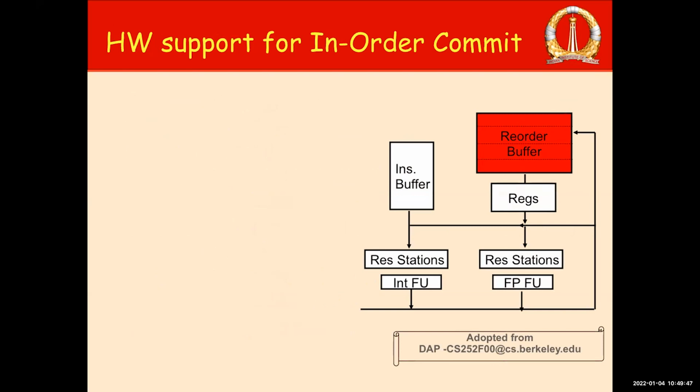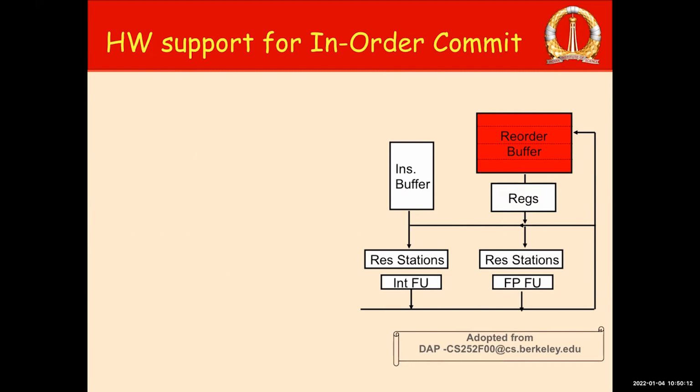Remember, I talked about these reservation stations and then functional units, and when the functional units complete their execution, they broadcast the results to all the reservation stations, as well as write the result value into the register file. But if I allow it to write into the register file, and if instructions complete out of order, then I'm also doing out of order completion, which is not what is desired.